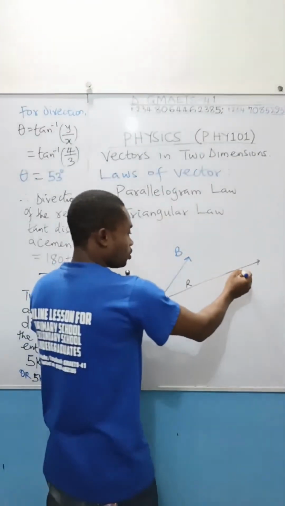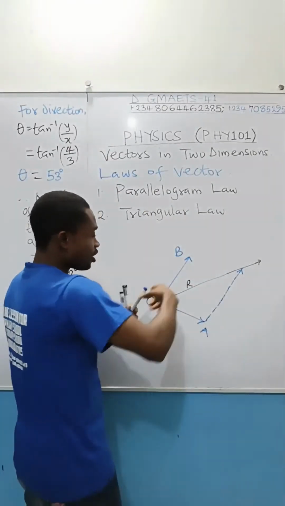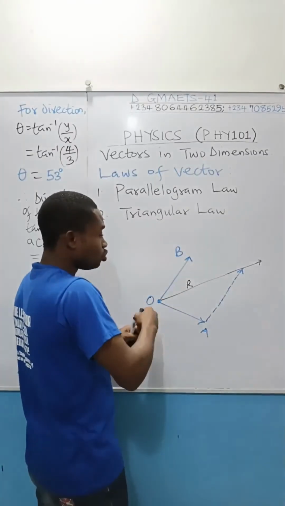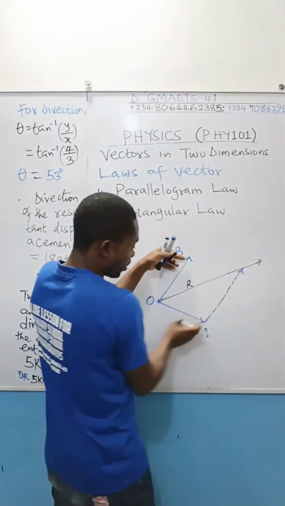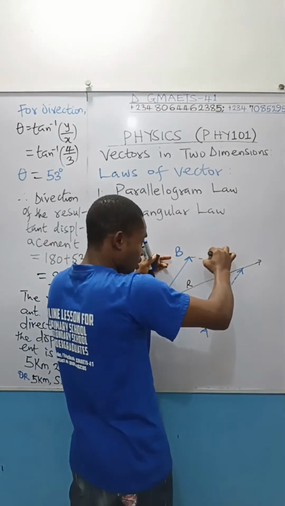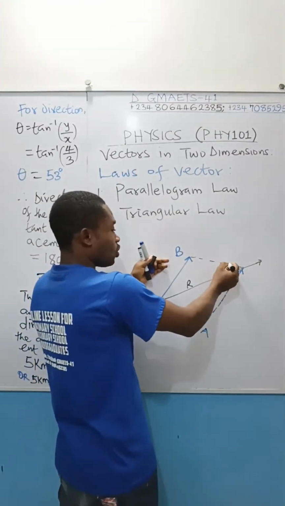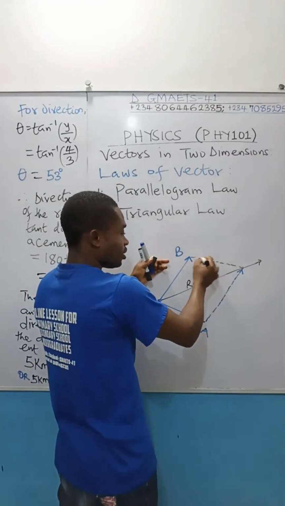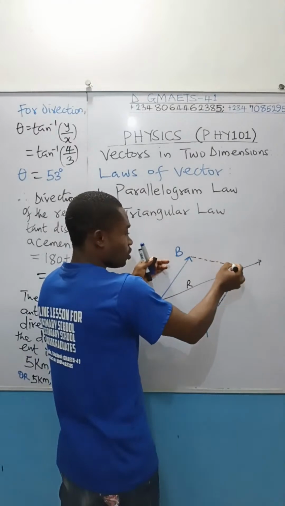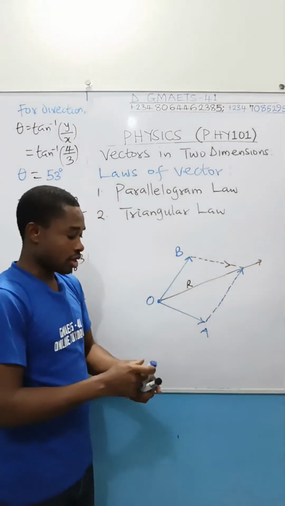You are going to use an arrowhead to represent the direction. Then again, come to the head here. Draw a line parallel to this one. It's going to go this way, something like this. Of course, use your arrowhead as well. Good. I've completed the parallelogram.